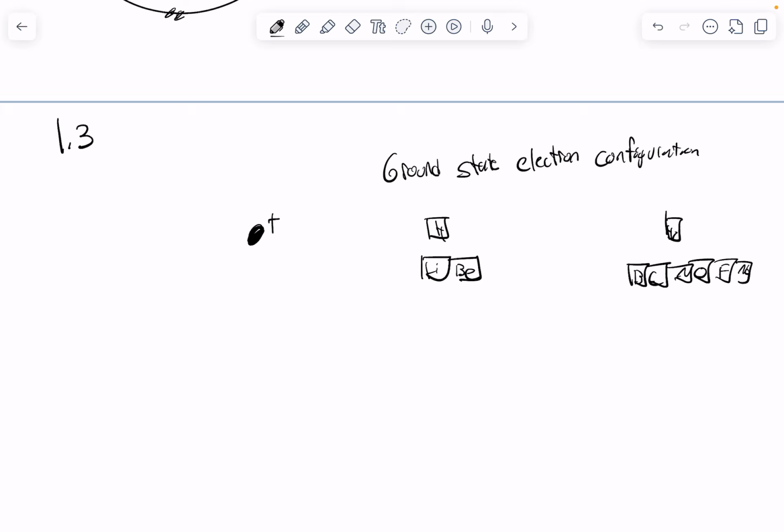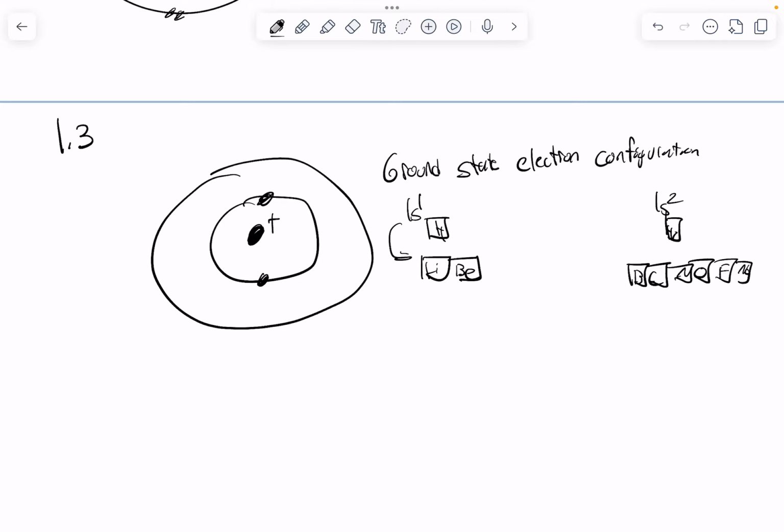So these are the first 2 rows of the periodic table. So this is the 1s, right? So we got our atoms: 1s1, 1s2. These are the first 2. And then we go down a row. Now we add a shell. We got our 2s1, 2s2. Bang.